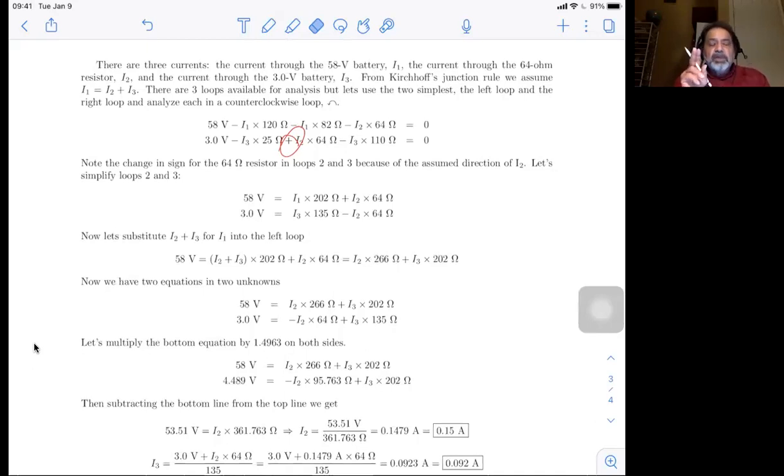Now we have 2 equations and 2 unknowns: 58 volts equals I2 times 266 ohms plus I3 times 202 ohms, and 3 volts equals minus I2 times 64 plus I3 times 135. That's really just a rewriting of this equation here.